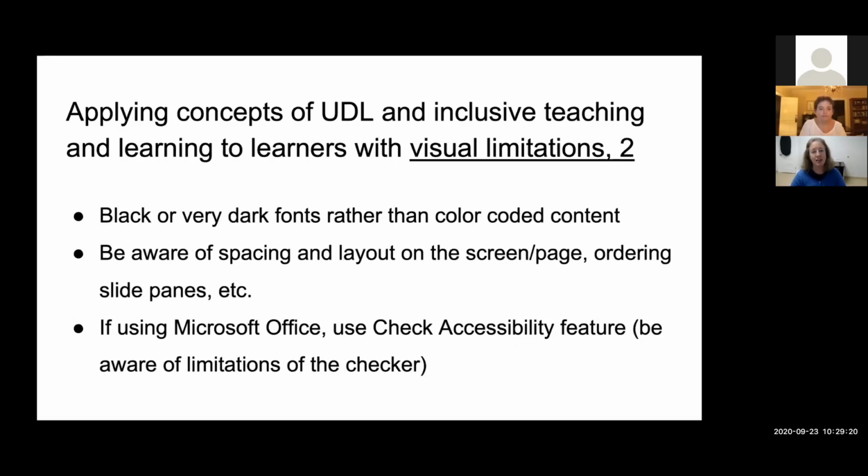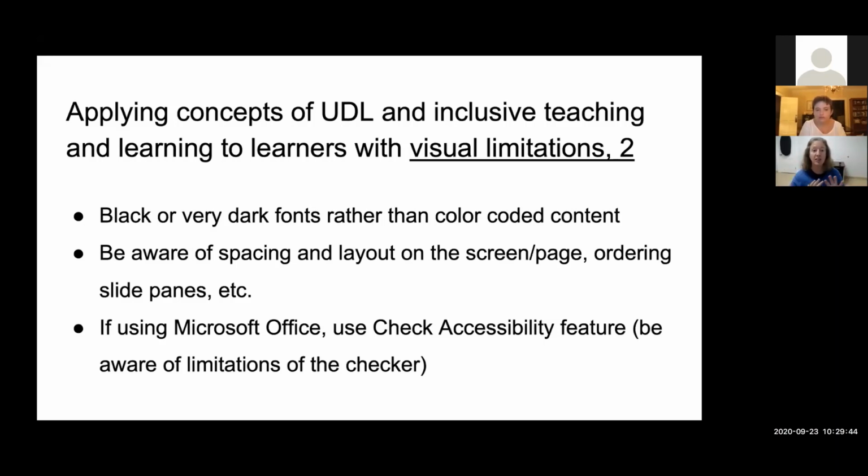And then this is continuing about visual limitations. You want to be sure your font is black or a very dark color as opposed to color coding content. For example, you might have a couple of quotes and think, oh, it would look very nice if one quote was in red and one was in green and one was in purple.